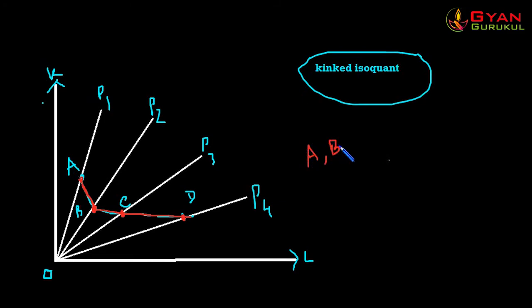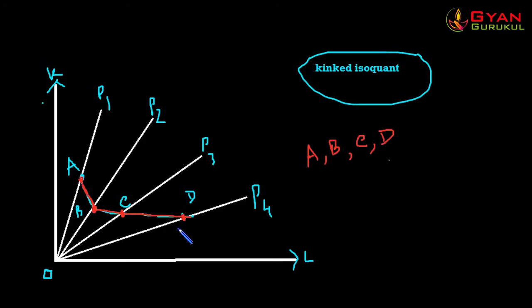These are the 4 points which give certain combinations of labor and capital. These 4 points A, B, C, D give the producer different combinations of labor and capital that would give him the same level of output.